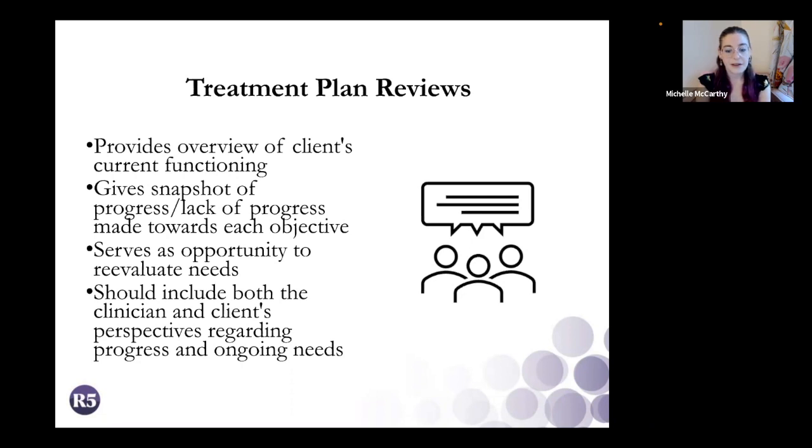learned deep breathing and has been able to implement deep breathing techniques 4 times in the past month to decrease feelings of panic. That's a really good specific way to notate progress. But if she had a goal on the treatment plan about increasing conflict resolution skills, I need to report on that too.